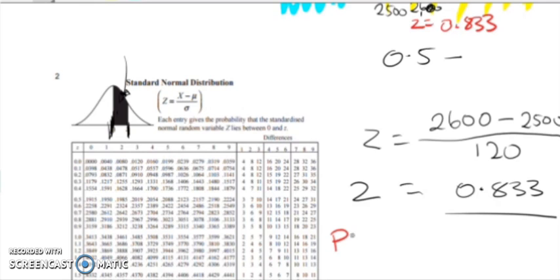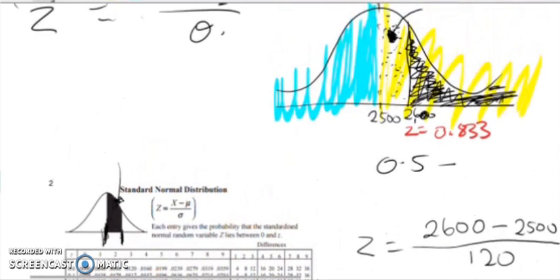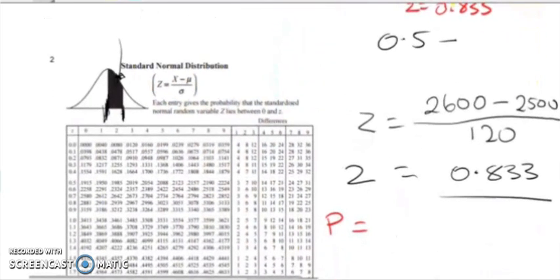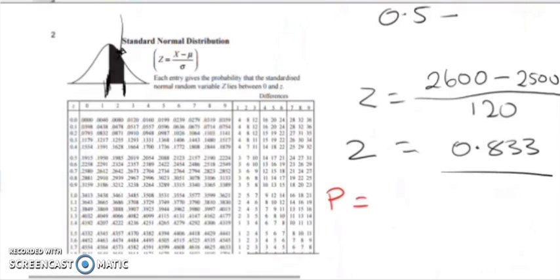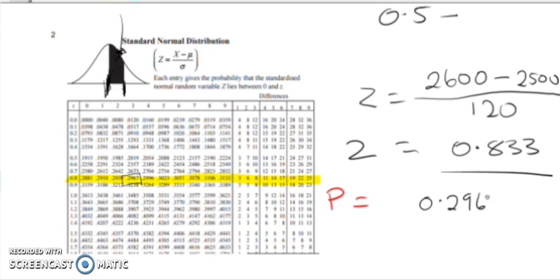Luckily that's on this little piece of table that we can see right in front of us. The probability to match, remembering it's this probability in here that we're finding, we're going to look up 0.8, then we want 0.83, 0.2967, and there's another 3 on the end.